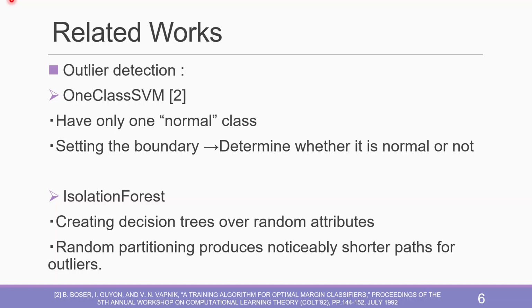Random partitioning produces noticeably shorter paths for outliers. Therefore, when a forest of random trees collectively produces shorter path lengths for particular samples, they are highly likely to be outliers.